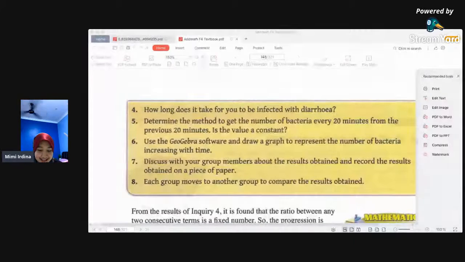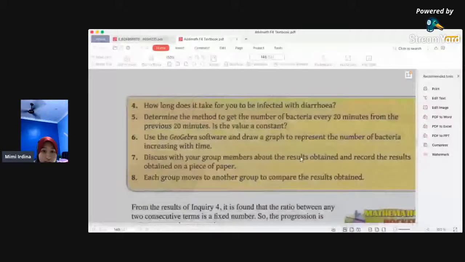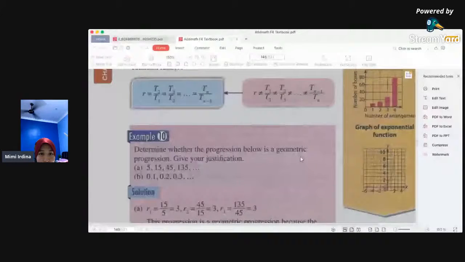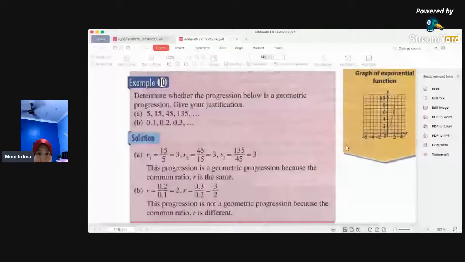Next, we see example 10. Determine whether the progression below is a geometric progression. Give your justification. For question A, the first term is 5.